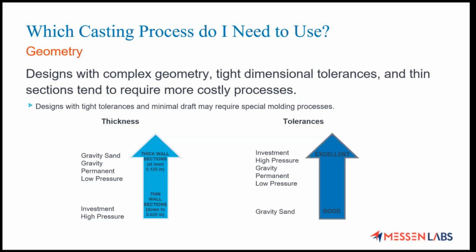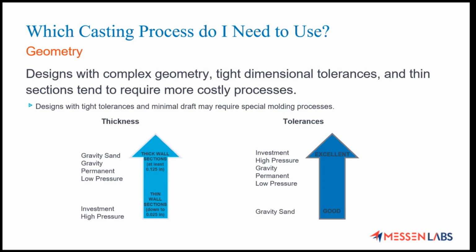Let's start with the first, that is geometry. If you require to cast a complex part with very high dimension tolerances and very thin sections, it may require costlier processes. If you want high thickness, at least 0.125 inch, then we can use sand casting or low pressure die casting.